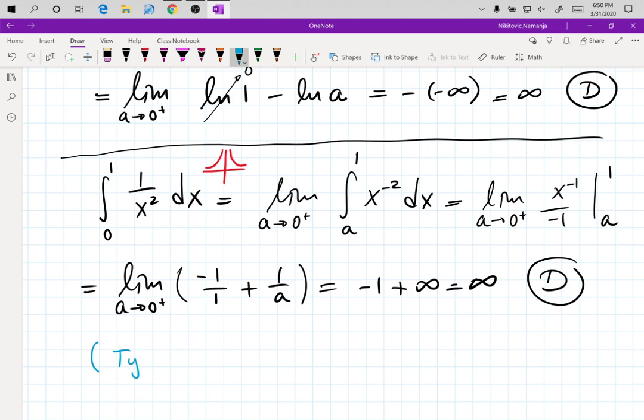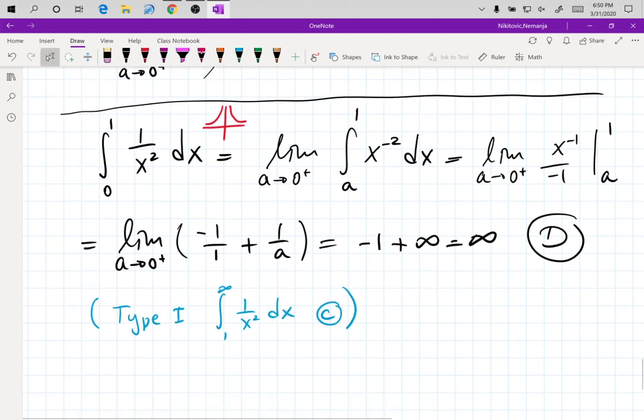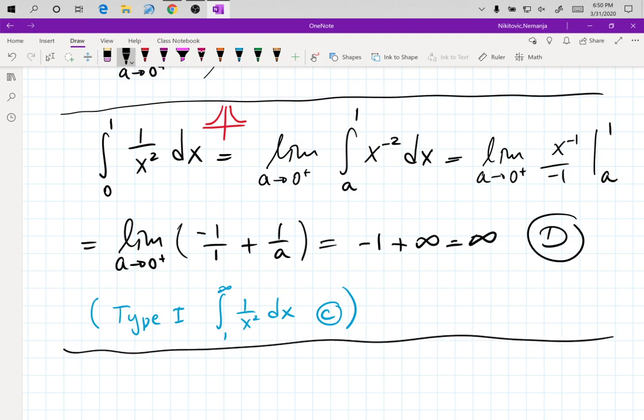So type 1, the integral from 1 to infinity of 1 over x squared dx converges. I mixed them up in my head. So type 1 converges, type 2 diverges. Bad day. Bad day.